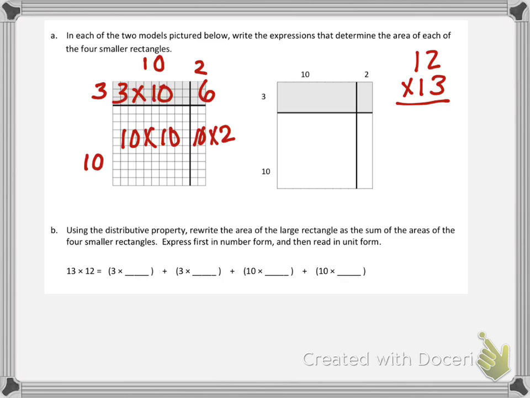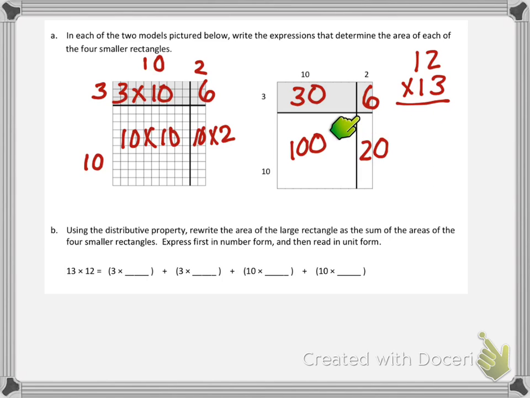So now if we take this information and put it into these area models, 3 times 10 is 30, 3 times 2 is 6, 10 times 2 is 20, and 10 times 10 is 100. So now we can list all of our partial products over here.